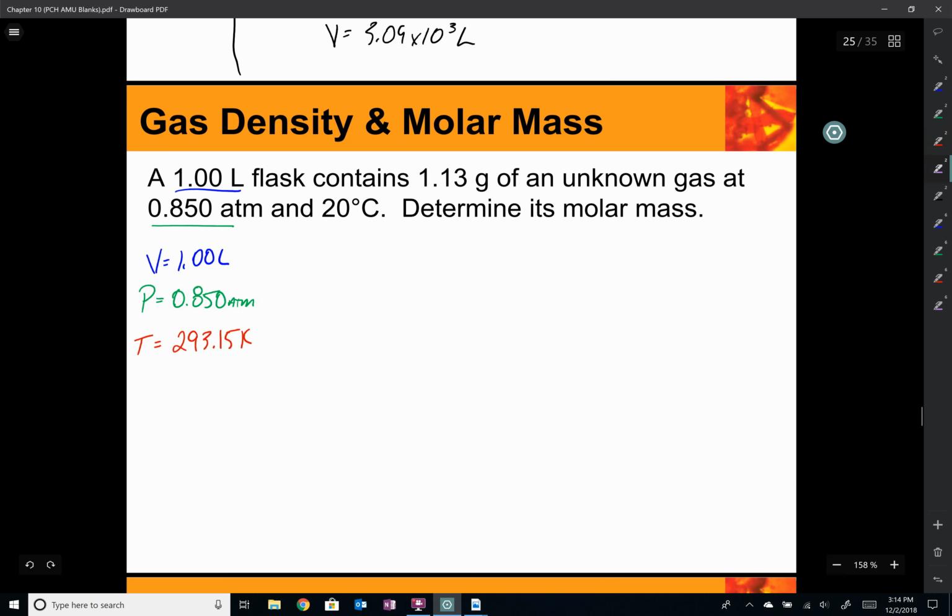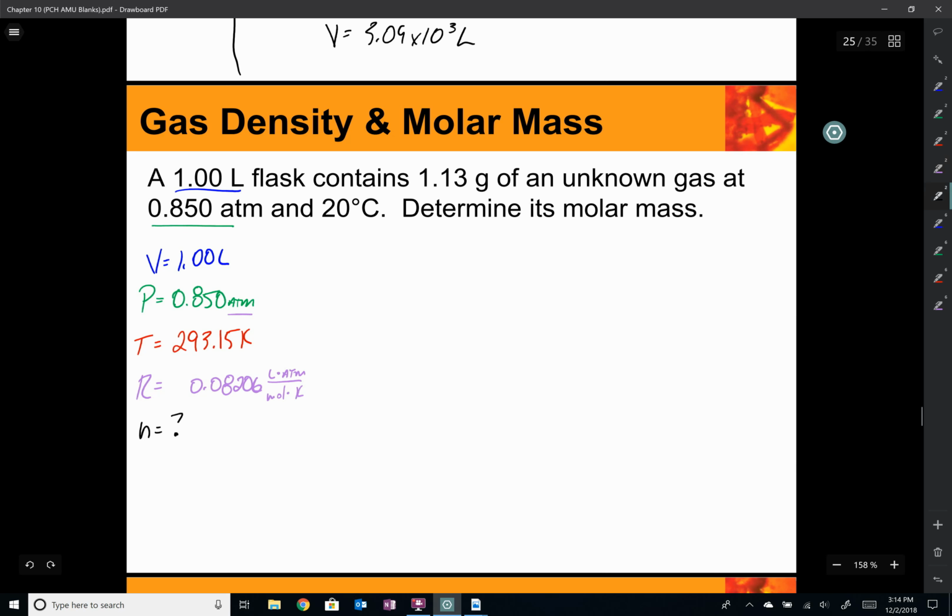We know our value of R based off of our units: liters atmospheres per mole Kelvin. So what do we not know about? Well, we don't know about moles.